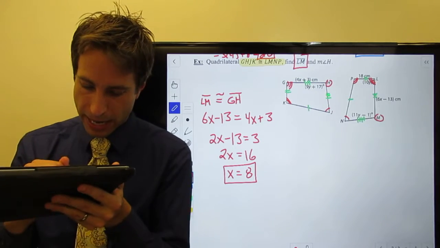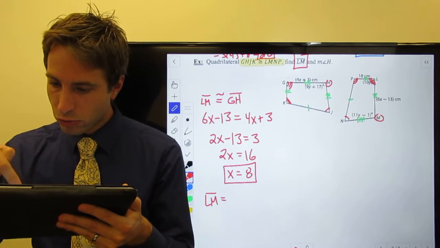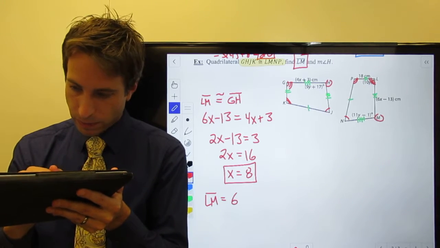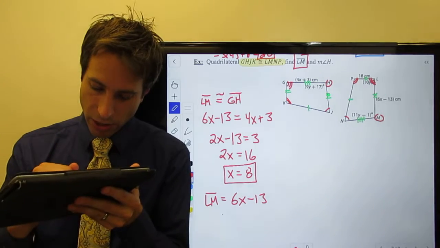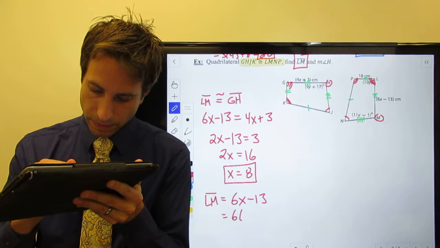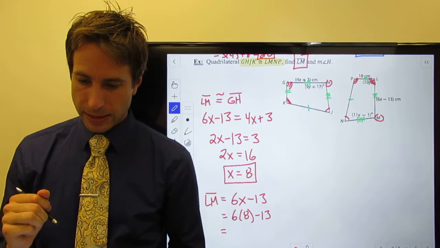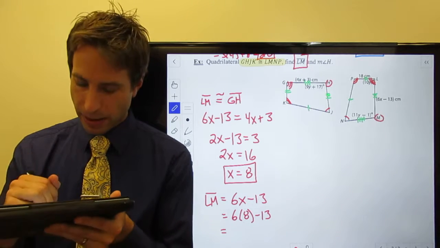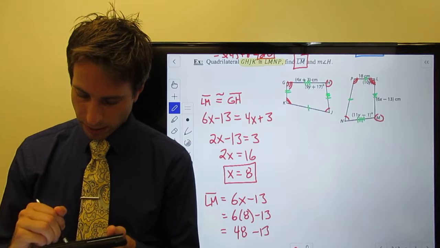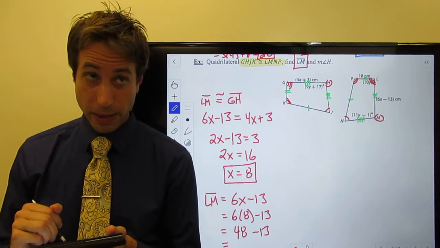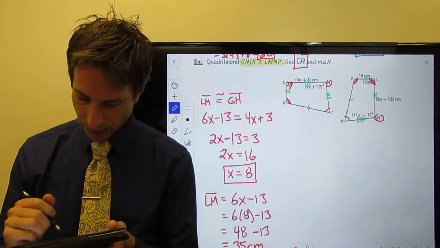So let's go back. LM is equal to, there it is, 6x minus 13. Plug and chug. Don't fat finger something on your calculator. And I wind up with 6 times 8, how about 48? 48 minus 13 is 35. 35 centimeters.